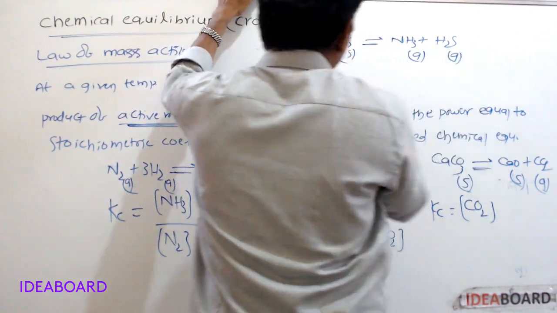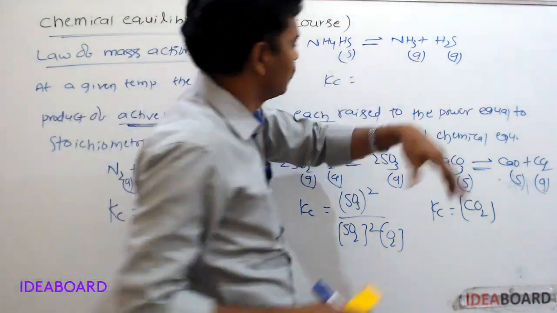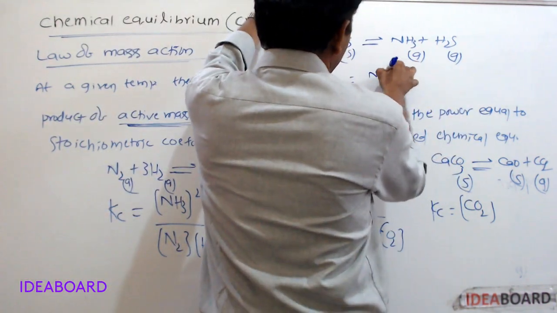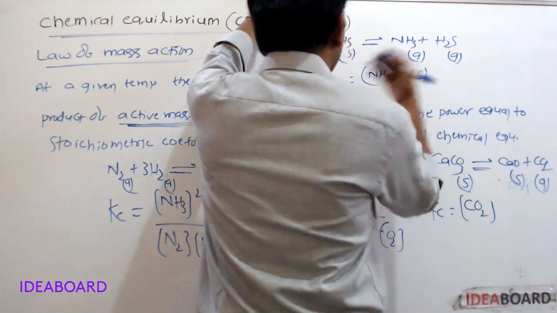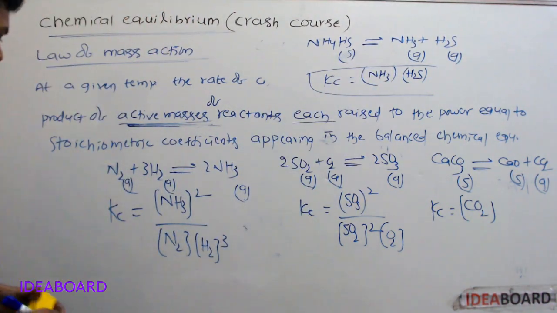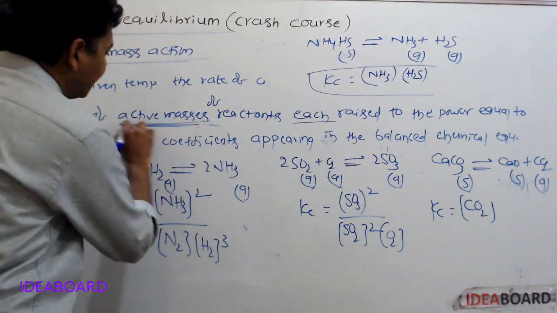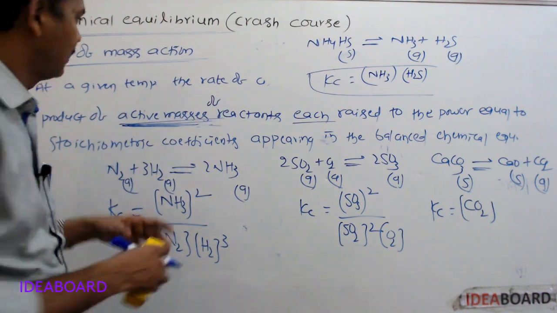For this reaction, Kc is equal to, this is solid, these two are gases. Kc is equal to NH3 concentration into H2S concentration. That's it, because for the solid it is unity. So here, what is this active mass? Active mass is nothing but molar concentration only.